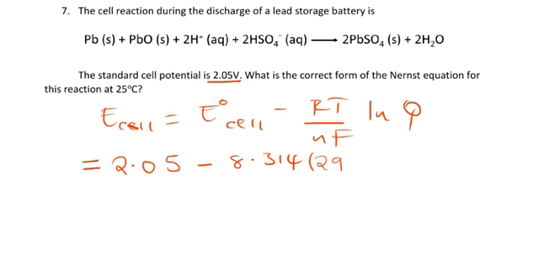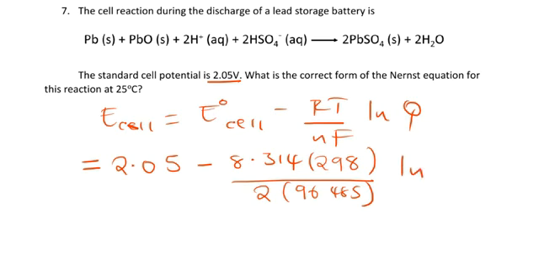So 298 Kelvin. If you check the number of electrons that were being transferred from one half cell to the other, they are 2, and then the Faraday's constant is 96,485.